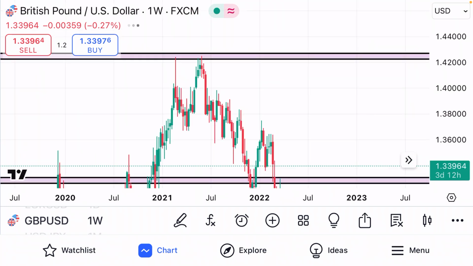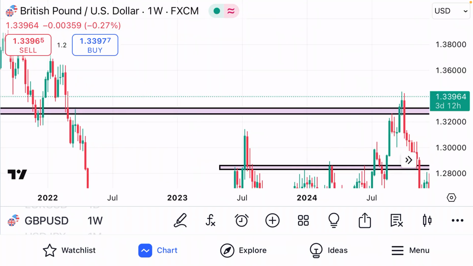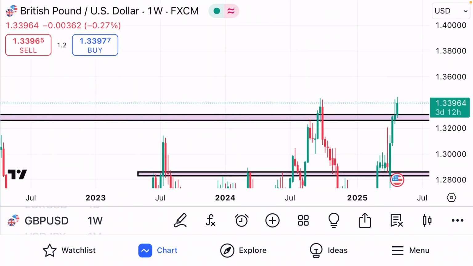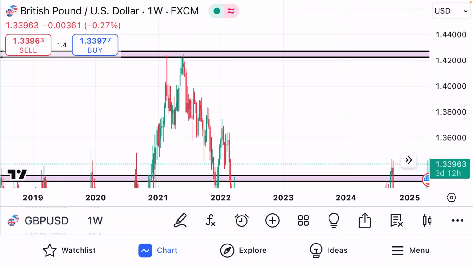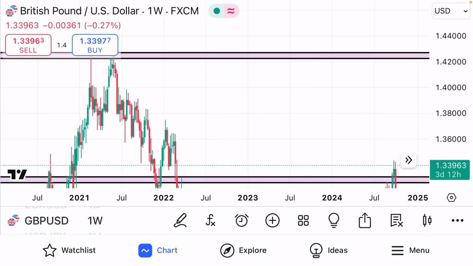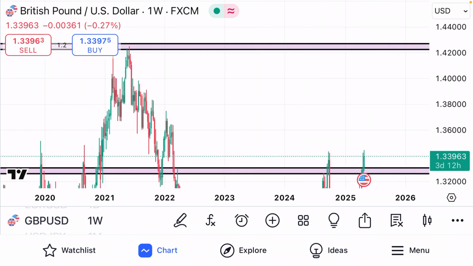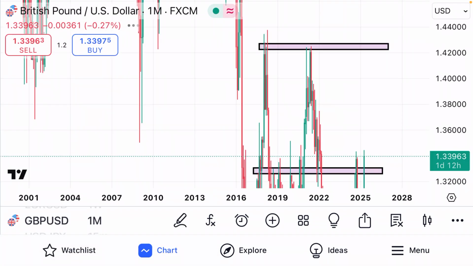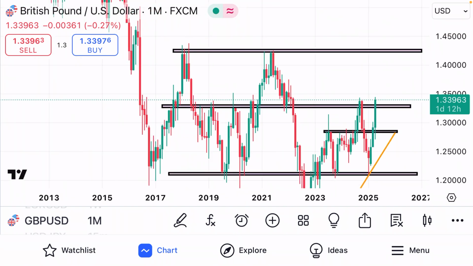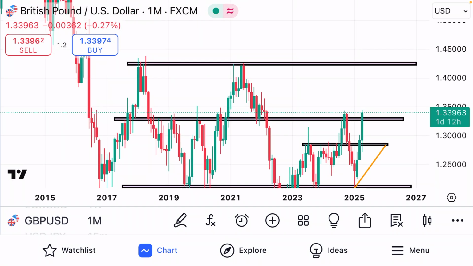I don't think we do. Let me come back to the monthly and see maybe we have any trend line.